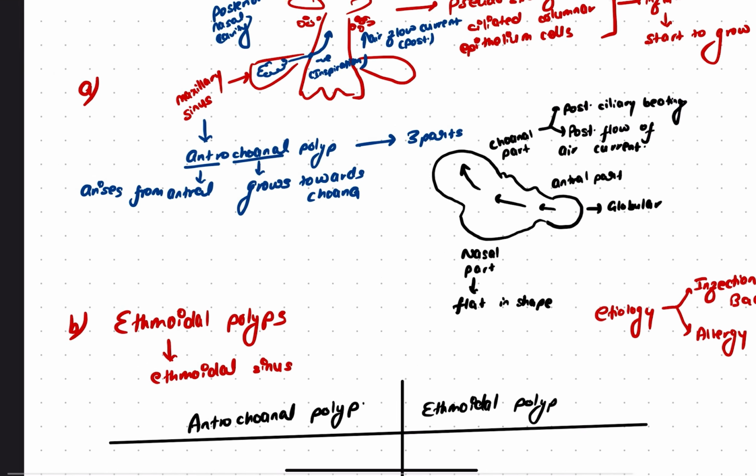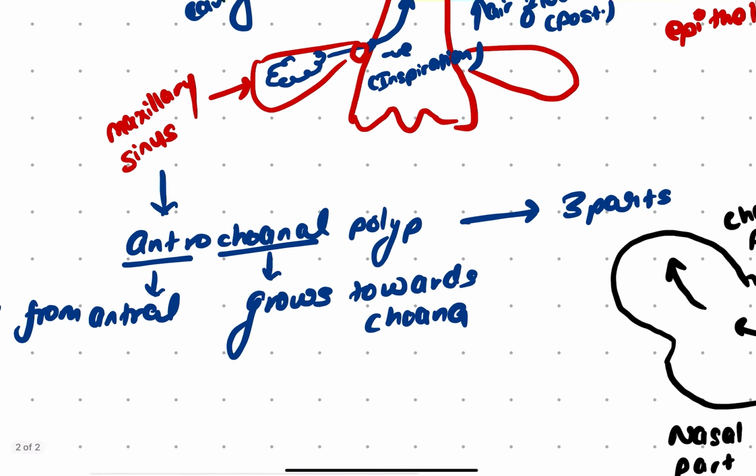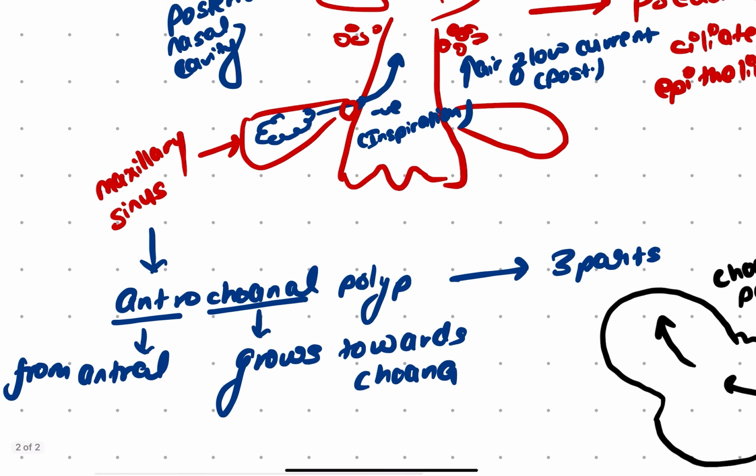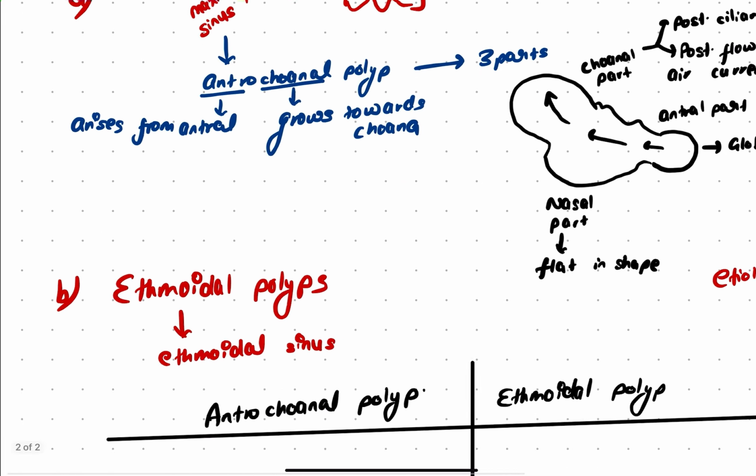The maxillary sinus ostium is quite larger in caliber. So if any allergens enter the maxillary sinus, due to the beating of the cilia, it will be excluded out, while if any allergens enter the ethmoidal sinus, they get trapped inside and it undergoes chronic inflammation of the ethmoidal sinus mucosa.